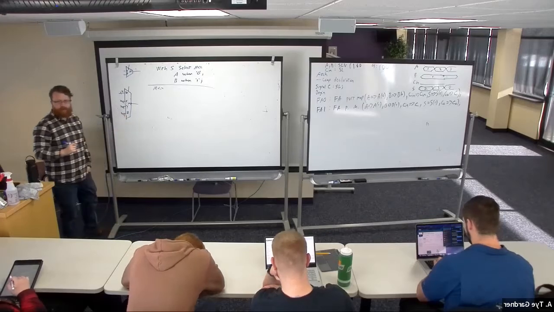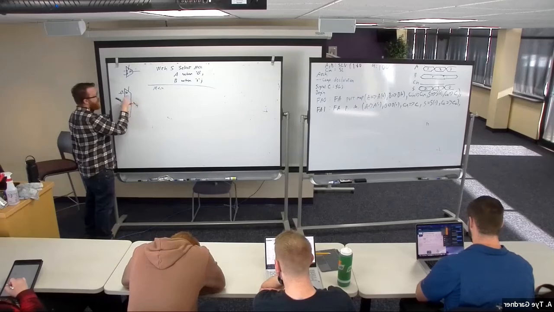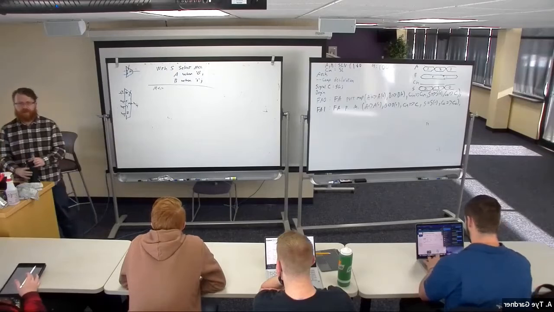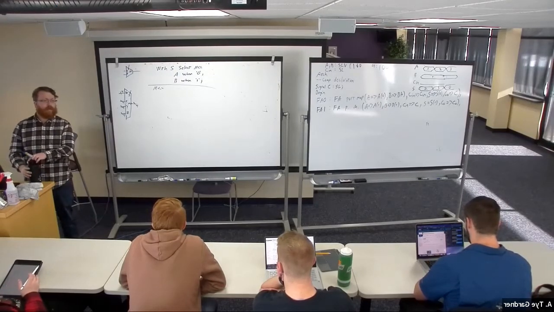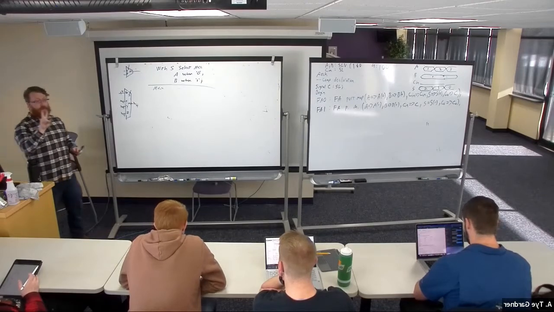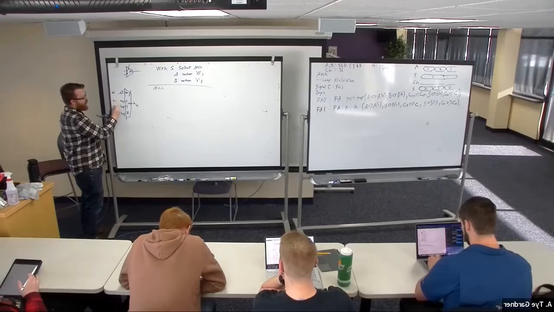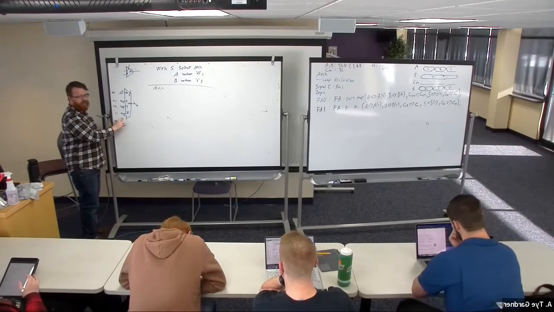I want a 4-bit signal. That makes my output 4 bits. How many bits does select need to be? Just 2, because this would be 0 0, 0 1, 1 0, 1 1. Right, 2 bits, 4 choices.